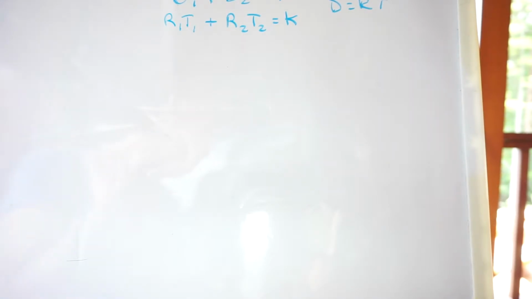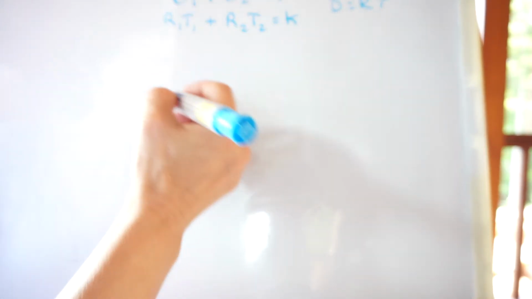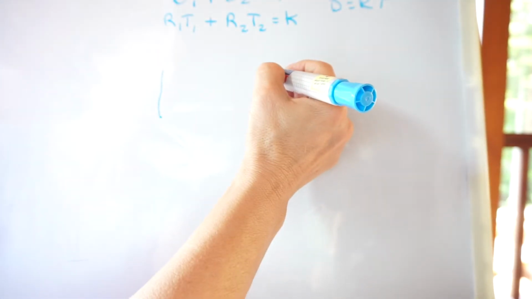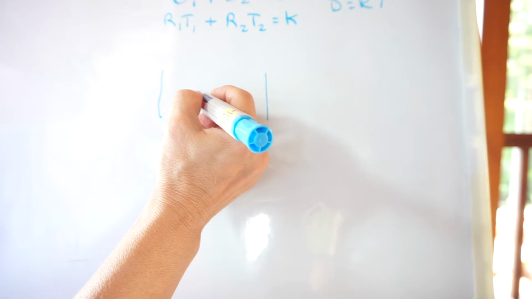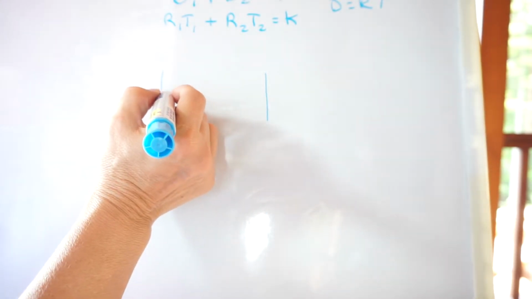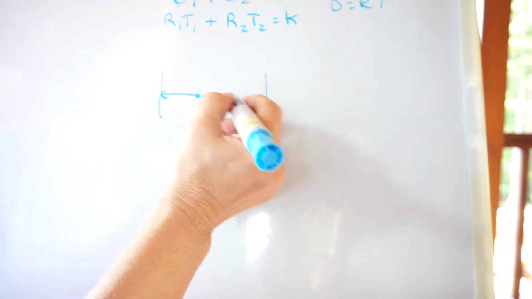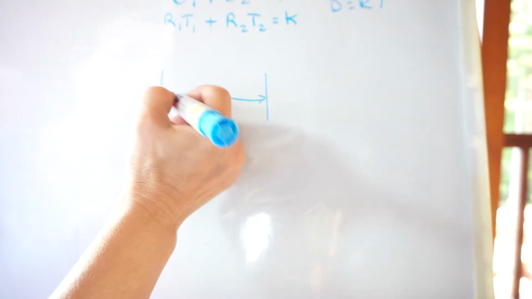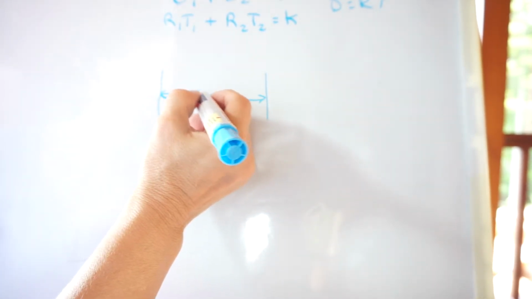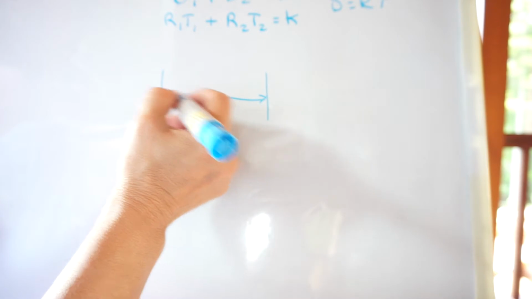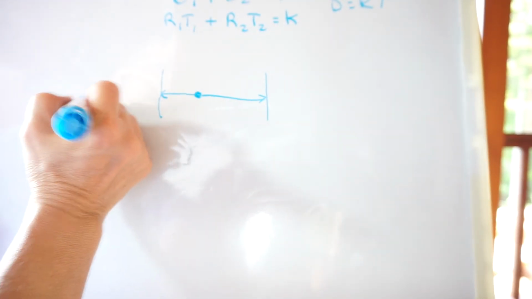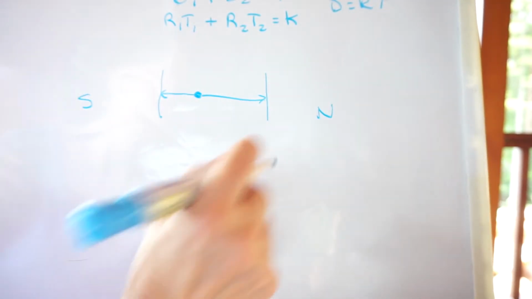I know that they're traveling in different directions, so I'm going to do this and this. This is Fort Walton, and we'll say this is southbound, so this is heading south, and this is going to be heading north.